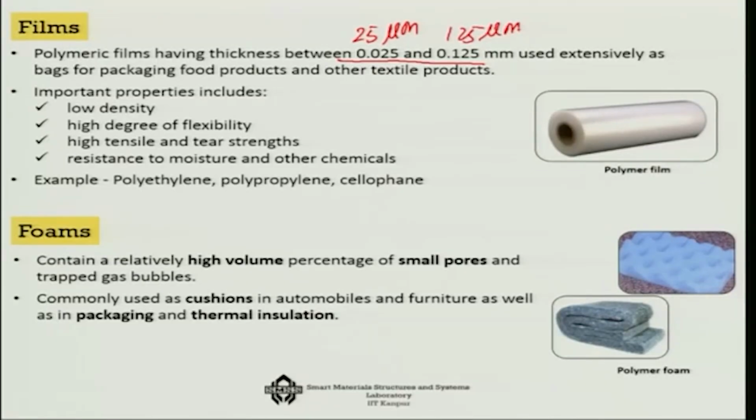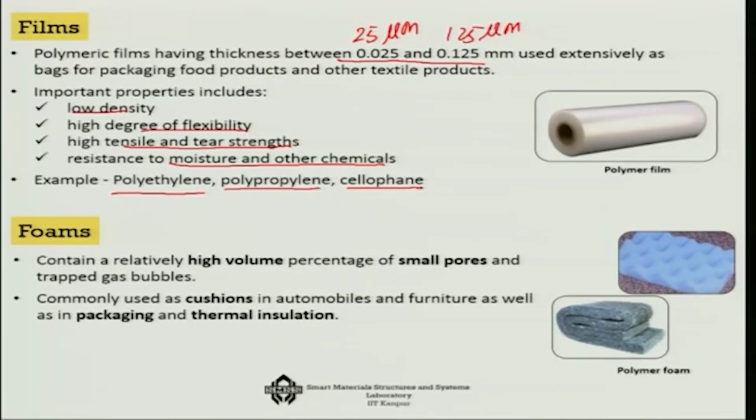Their important properties are low density, high degree of flexibility, high tensile and tear strength, and resistance to moisture and other chemicals. That is why we generally wrap with them. Examples are polyethylene wrapper, polypropylene, cellophanes, etc. So that is one group of polymers where it is mostly used as films.